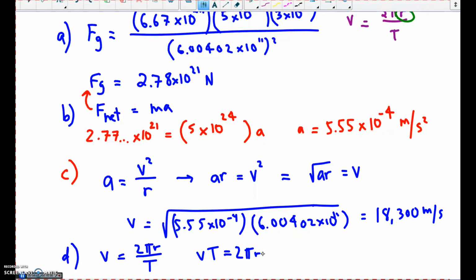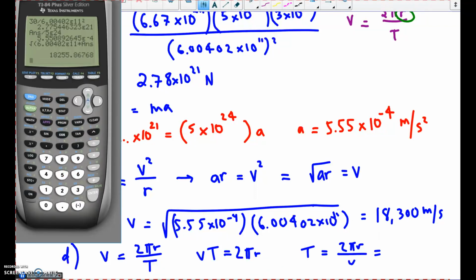Then I need to isolate t here, so I have to get rid of the v, and I divide by v. Now, I'm not going to show the work of plugging in. That's important to do, but I do just want to point out again here, r is the full center-to-center distance.